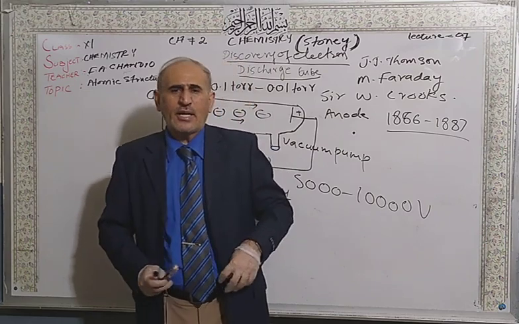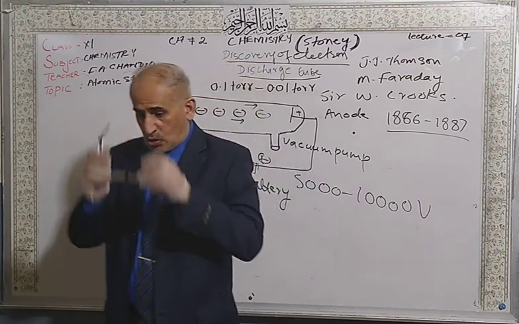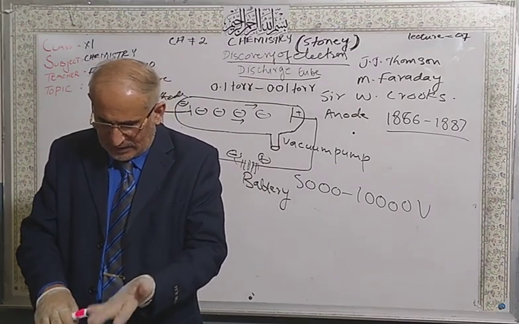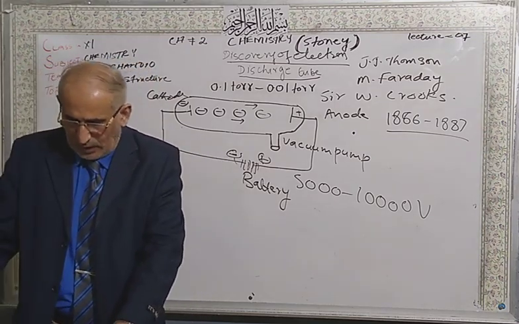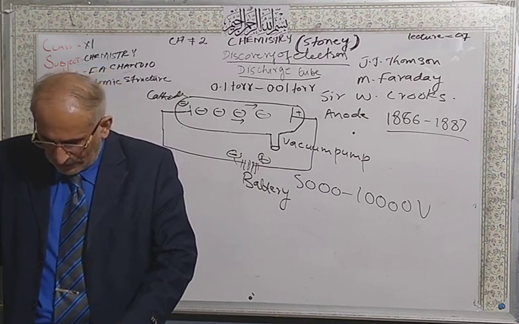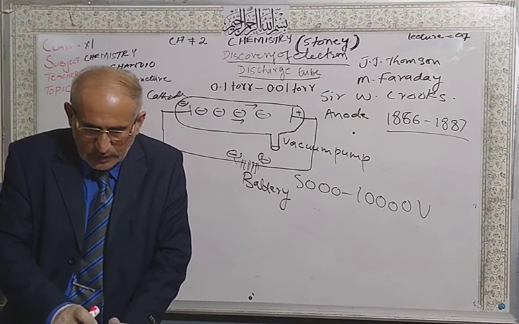At very low pressure, gases conduct electric current. We discovered the electrons, and this experiment is credited to J.J. Thomson, Michael Faraday, and also Crookes. This is the same experiment which is done here.